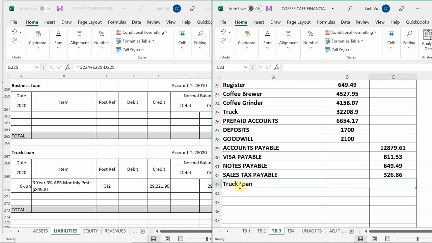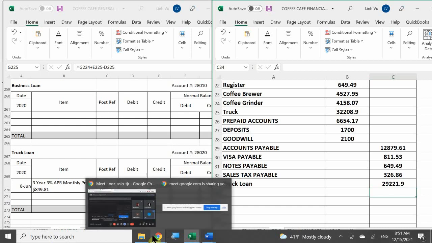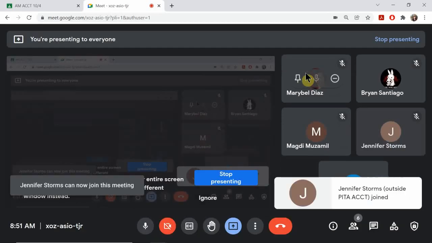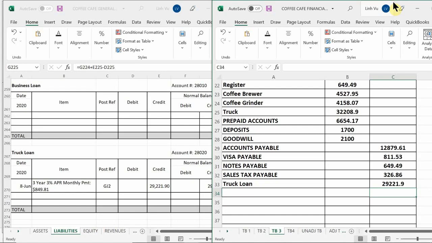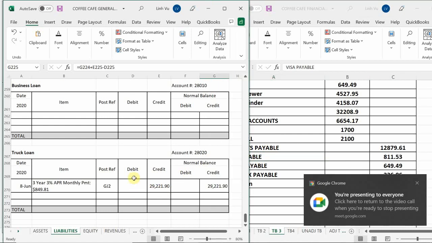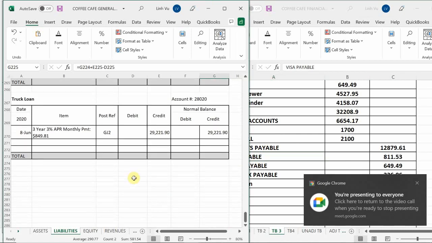The truck loan is for 29,221.90. Okay. Good. And that concludes all of our liabilities.